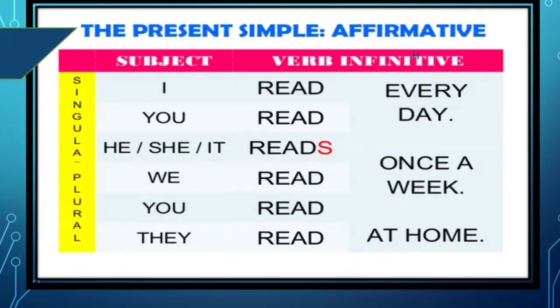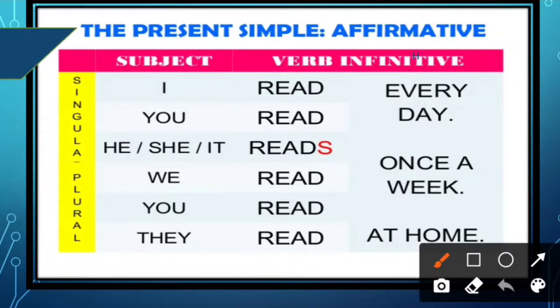Now we will discuss what the structure is. Here you can see this is the subject, verb form 1, and thereafter the remaining words will be used. For example, here the verb read.